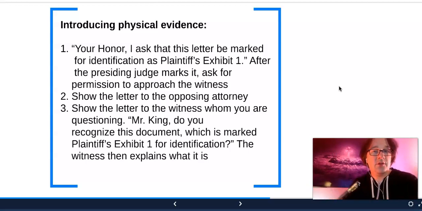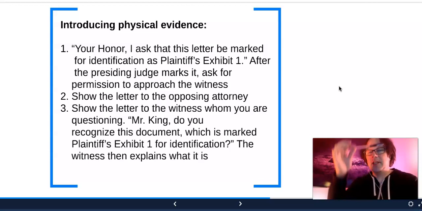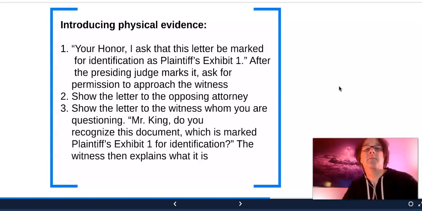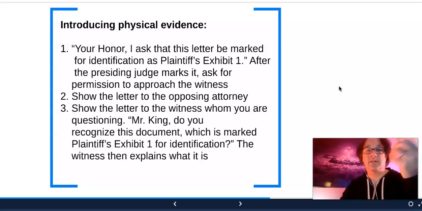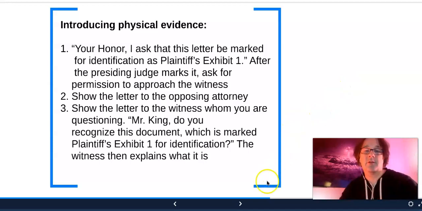You would then go to the witness who you're questioning, and you would say, in this case, Mr. King, do you recognize this pen, which is marked Plaintiff's Exhibit 1 for identification? The witness then explains what it is. They'd say, yeah, I recognize it, that's Bobby's pen from work, right?